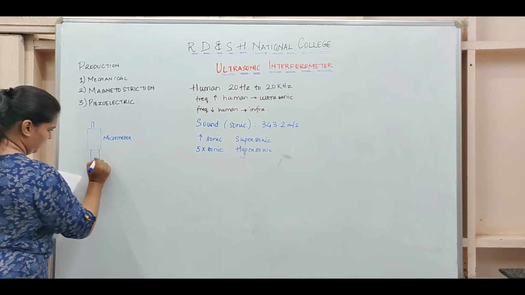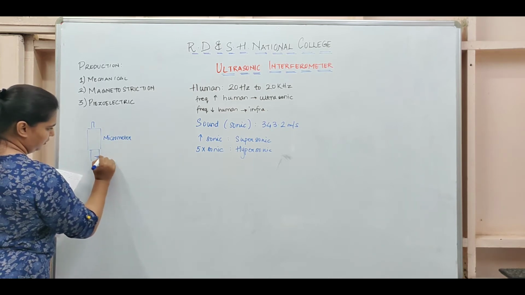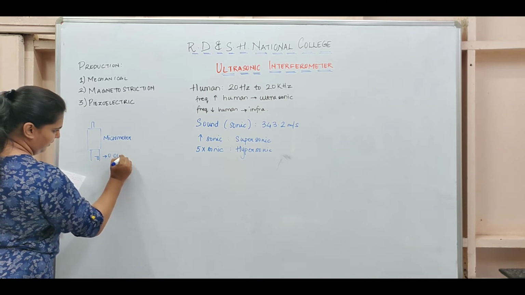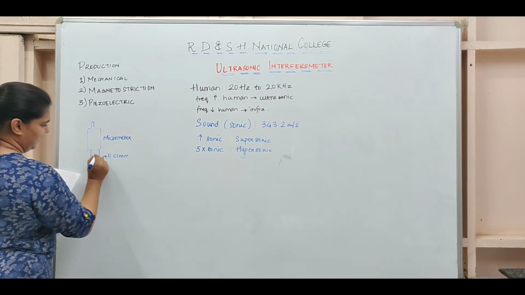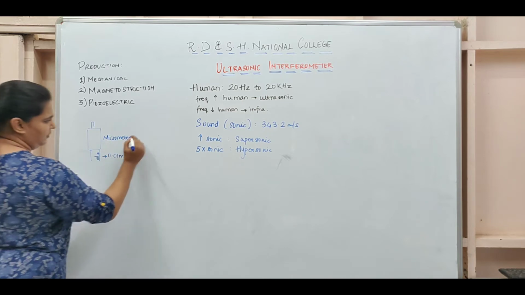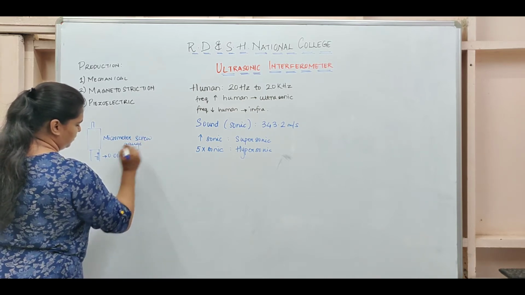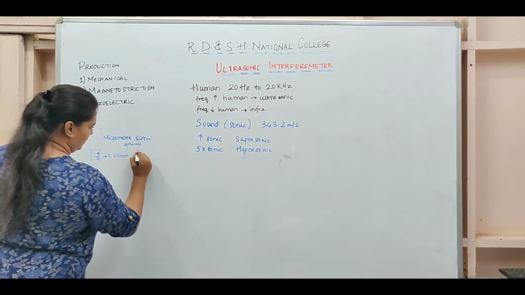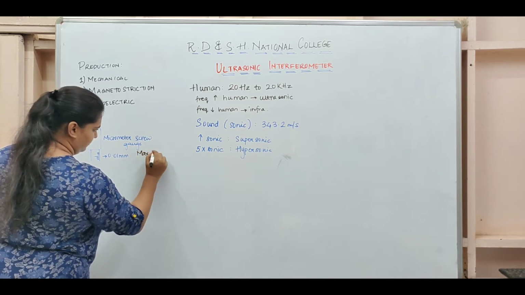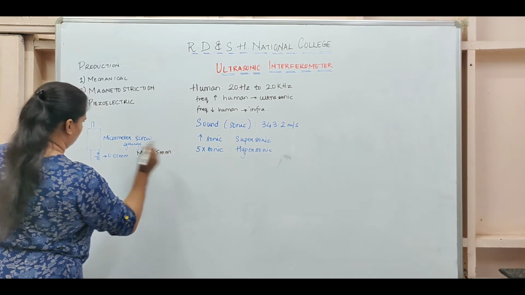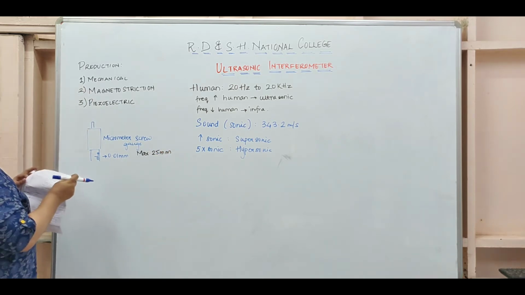This micrometer, basically a micrometer screw gauge, has a least count of 0.01 mm, and the maximum reading this screw gauge goes up to is 25 mm.